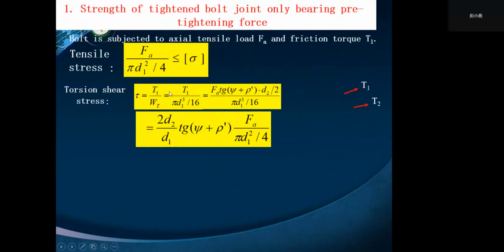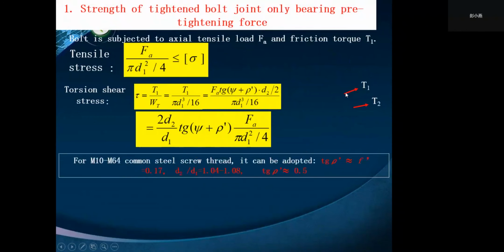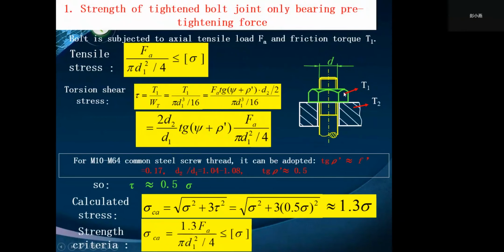Under this condition, the bolt is subject to actual tensile load, which is the preload F0, and the friction torque T1.